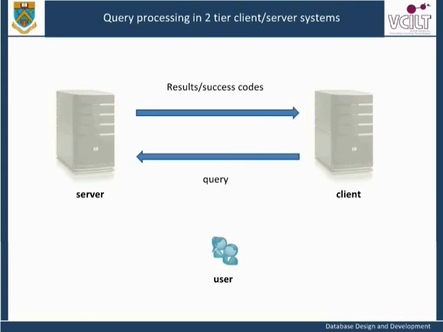Supposing the user completes a form to issue a query against a customer database. This query may be transformed into an SQL select statement by code running on the client machine. The client will then transmit the SQL query over the network to the server.